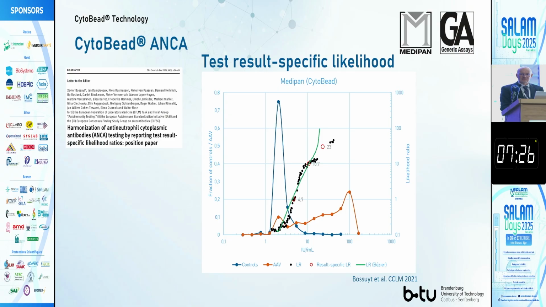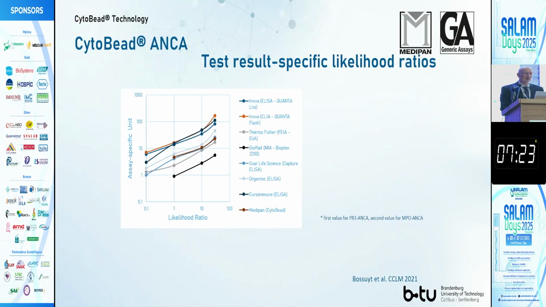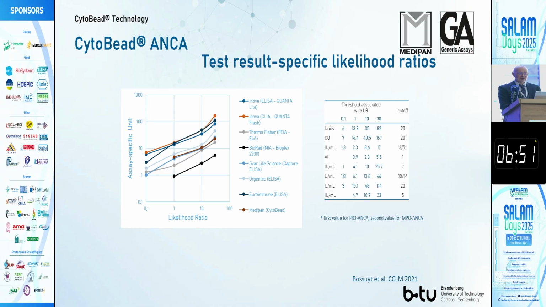Well, we could participate with our Cyto-B technology and demonstrate in comparison with other methods, you name them, the Bio-Rad method or Thermo Fisher's method, as well as Inova/Werfen, you know that at the end of the day, the data and the analysis that we can do with these different methods can be compared on the basis of the calculation of likelihood ratios.